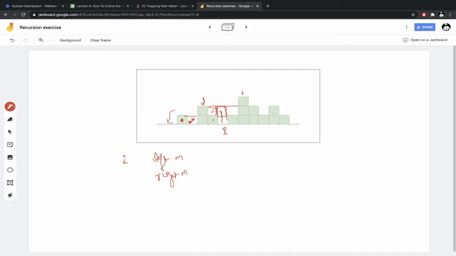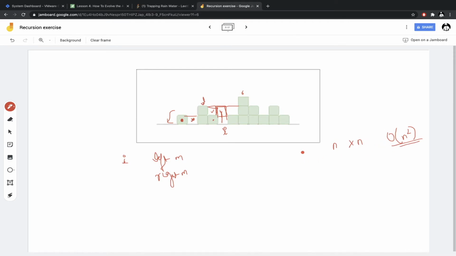So for each element we are traversing n elements, and there are n elements in total. So it would be n times n, big O of n square. By doing this we have a time complexity of big O of n square.